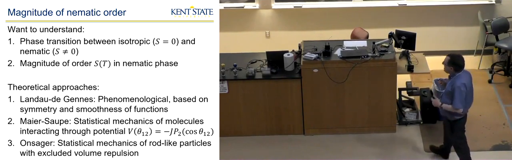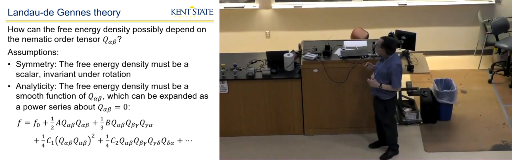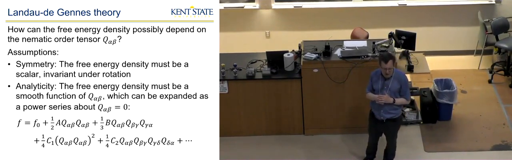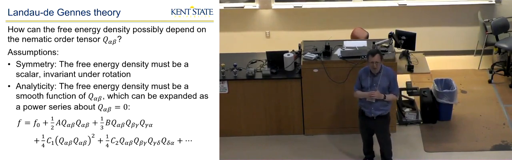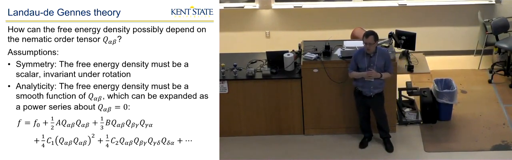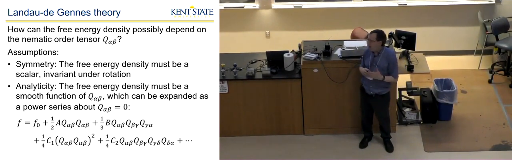So the idea here, for Landau-de Gennes theory, is analogous to what you might have seen for Landau theory that's been developed in the context of superconductors or superfluids or magnetism.